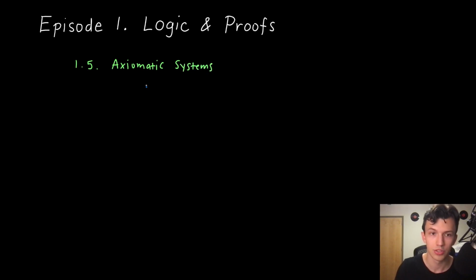An axiomatic system is some choice of propositions. You choose a sequence of propositions, let's call it A1, A2, A3, and it's a finite sequence of propositions.